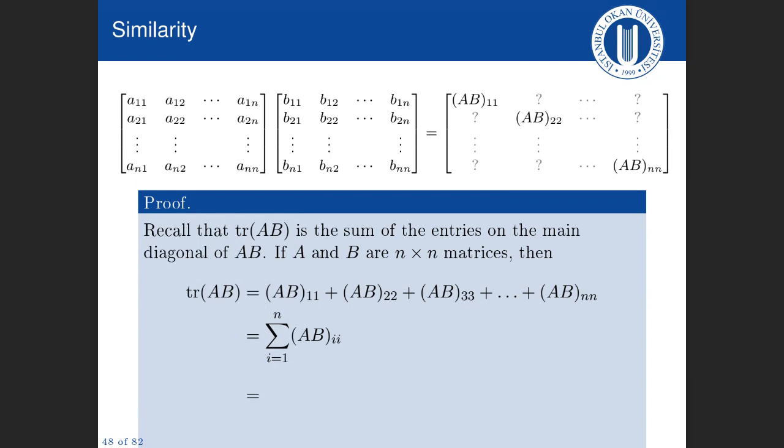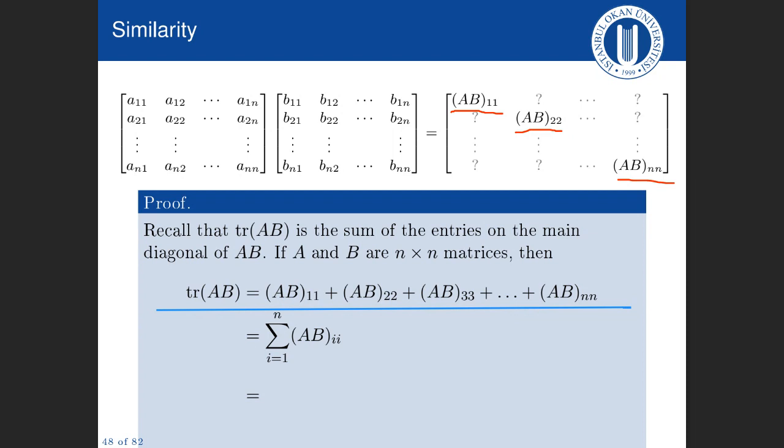Trace means we take the entries on the main diagonal and then we add them together. So the trace of AB is going to be the entry AB11 plus the entry AB22 plus the entry AB33, etc. We're just adding the entries on the main diagonal.